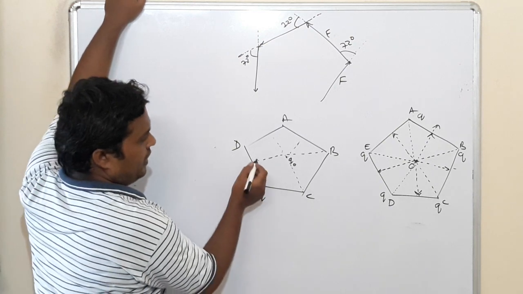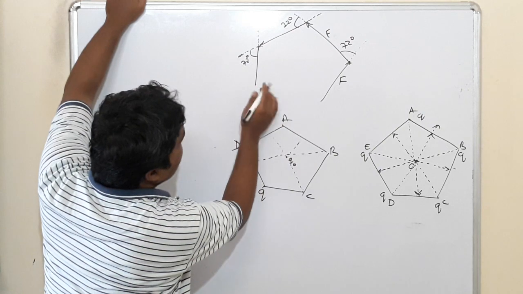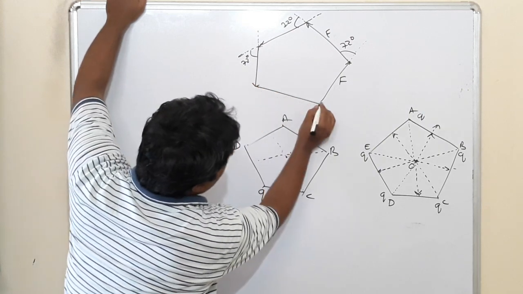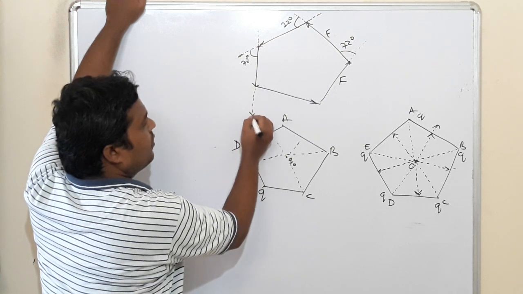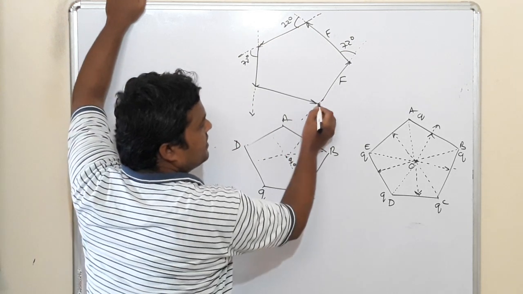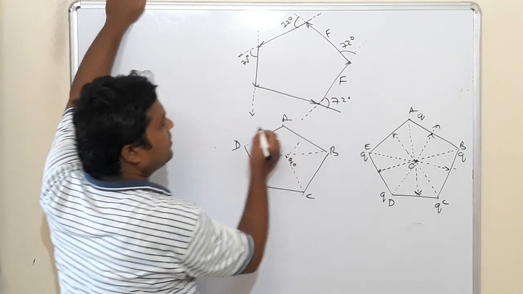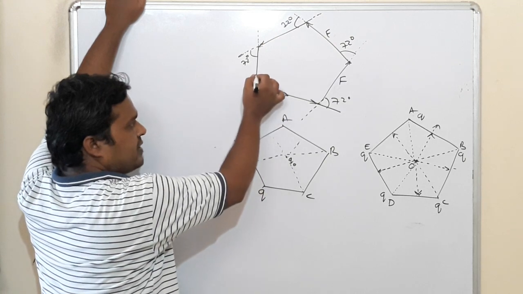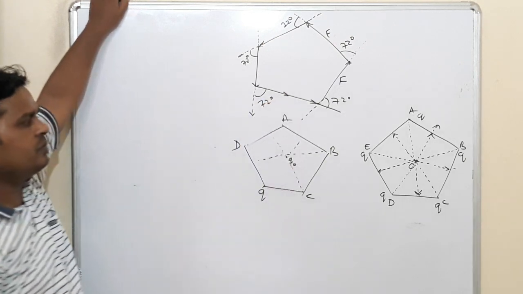And what about the only one force remaining? This charge will exert the force in this direction. See, this is the direction. And this angle again is 72 degrees, and this force will be in this direction, again 72 degrees.